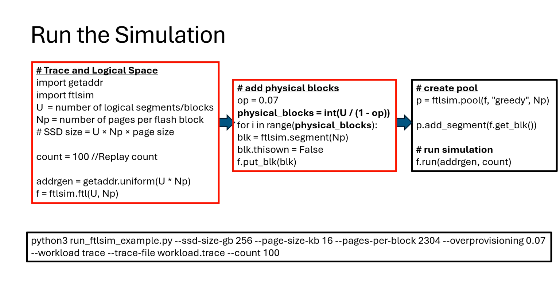Here, one thing is that they defined block as segment. So we have to think that whenever there is a segment, that means that is a block. And then we have to create a pool.